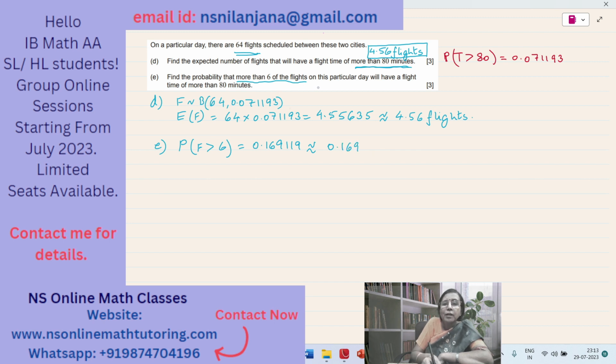This is the answer for this subpart E. And this was the last subpart of this question number 10. So we have completely solved this question number 10.